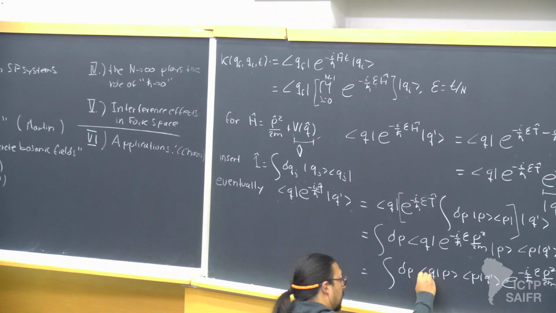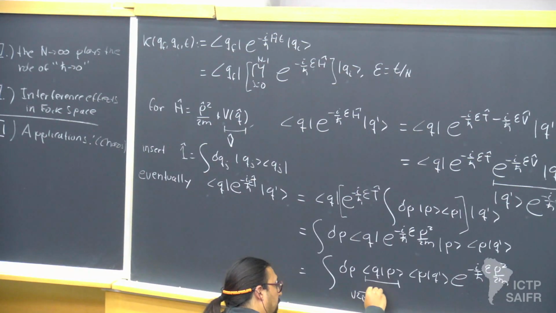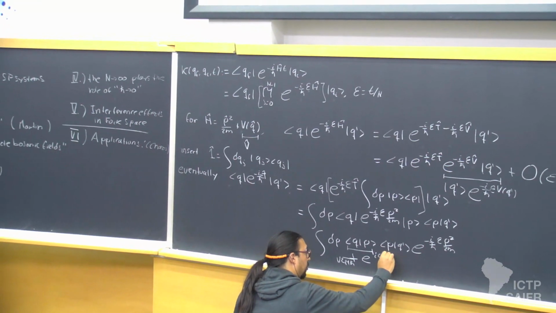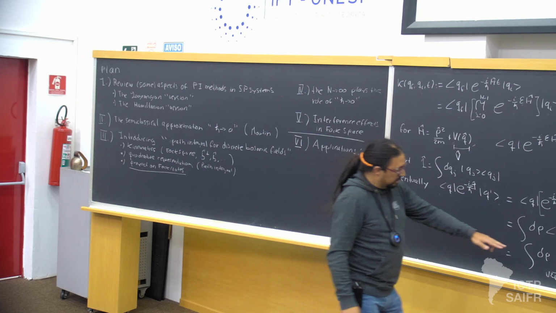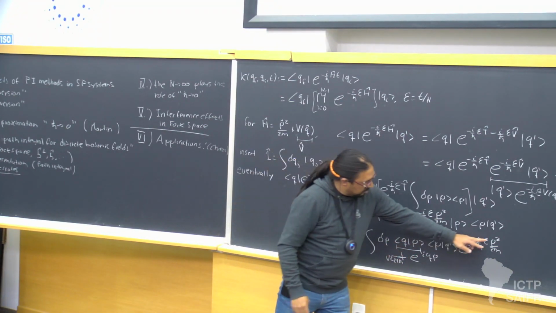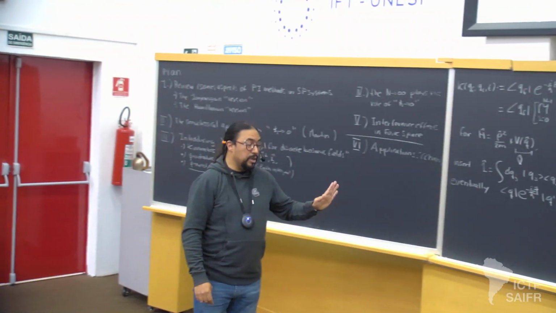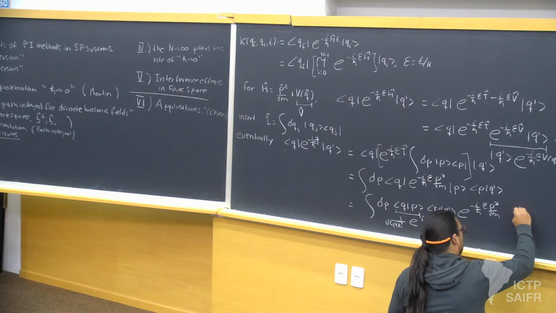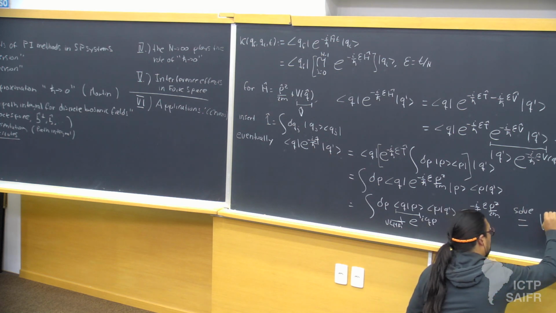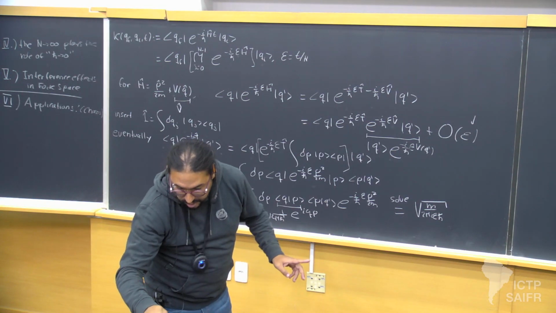I know this is 1 over the square root of 2 pi h bar e to the i Q P. Okay? Now, this is just an exponential, linear in the momentum. This is quadratic in the momentum. This means that this integral is a Gaussian integral that can be solved. And this is what we usually do. We solve this integral, and the result is this. I always forget the right prefactors.